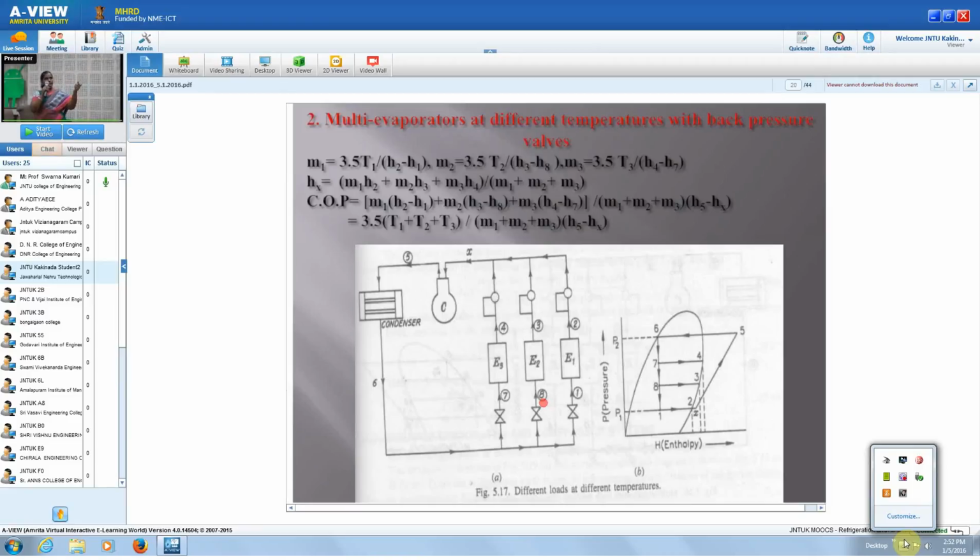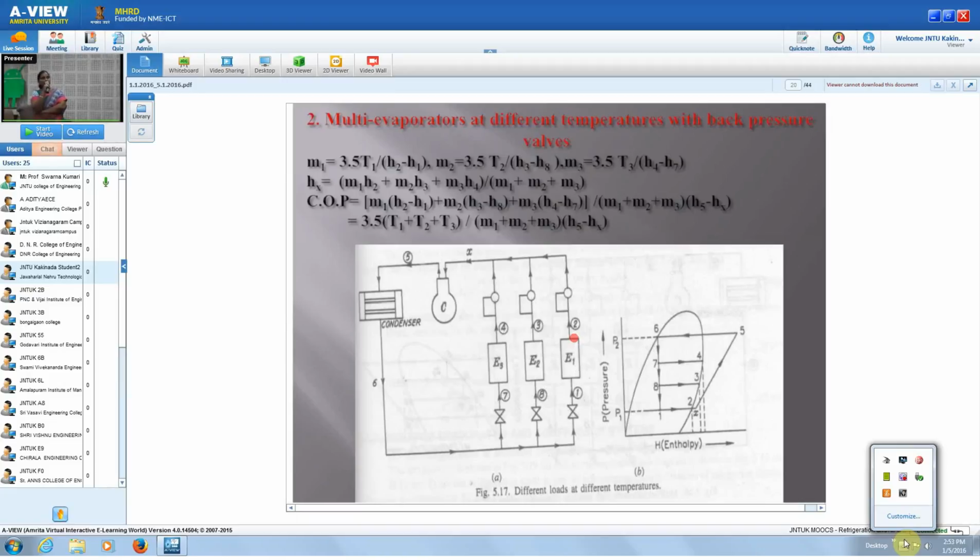So similarly at 6 again it goes into the first evaporator, which is the last one, and the expansion is taking place from 6 to 1. Okay. 6 to 1, and at 1 it goes into the first evaporator where the refrigeration effect produced is H2 minus H1. Okay.